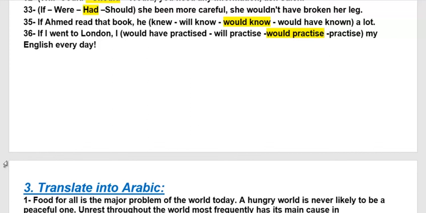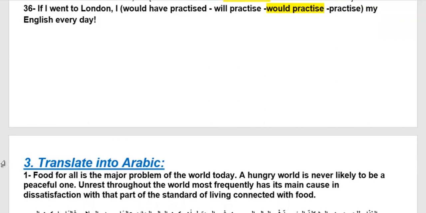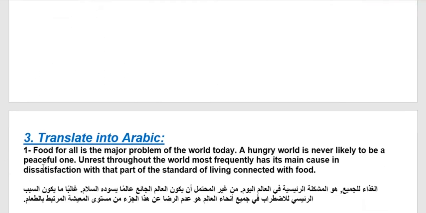Unrest throughout the world most frequently has its main cause, right, in dissatisfaction with that part of the standard of living connected with food. Okay, it is a long translation, you see, but you look at the keywords, right? Try to translate it yourself, then check your answers with the model answer here.